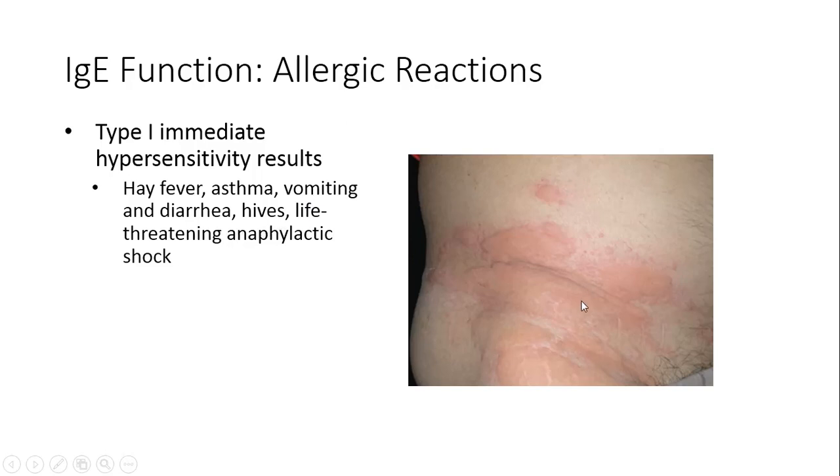Not to be underplayed, type 1 hypersensitivity reactions are quite intense, and as a result, they can kind of go overboard. They produce such a strong response, we can have what's called an anaphylactic response or an anaphylactic shock, and that's really a hyperimmune response that can cause some significant damage to the host.